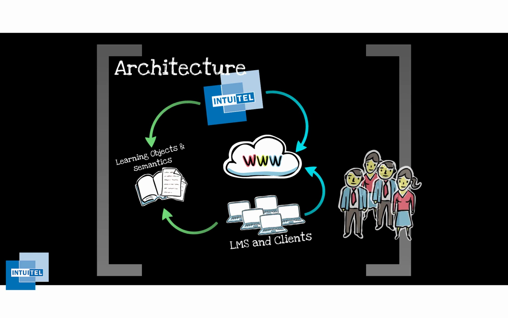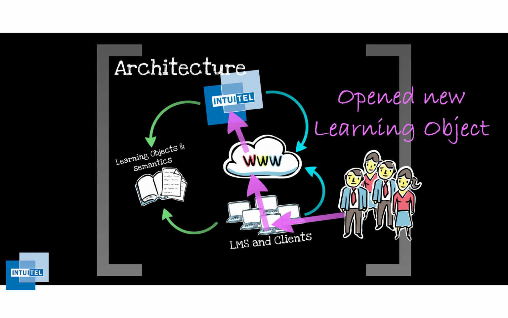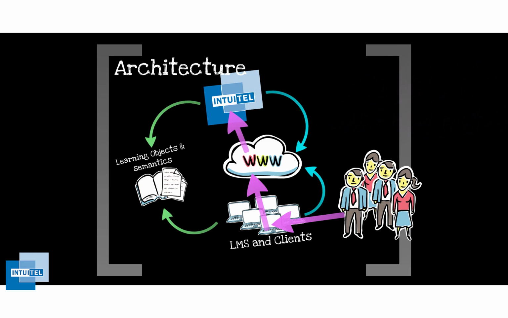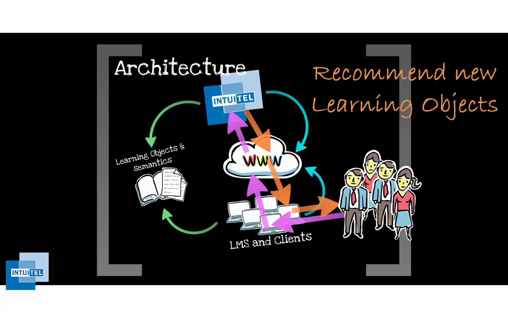When the user opens a learning object within the learning management system, the INTUITEL system is notified about this event. Based on the pedagogical ontology, the semantic relations between learning objects, the learner's learning pathway in the past, and the didactic factors, the INTUITEL system presents a list of suitable learning objects the learner may choose to do next.